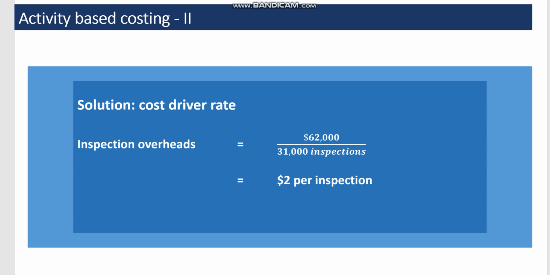This is the 31,000 inspections for both products for the year, giving us $2 per inspection. The second cost driver rate is material receipt cost: $44,000 of overhead cost divided by 11 batches of materials, which gives us $4,000 per batch.